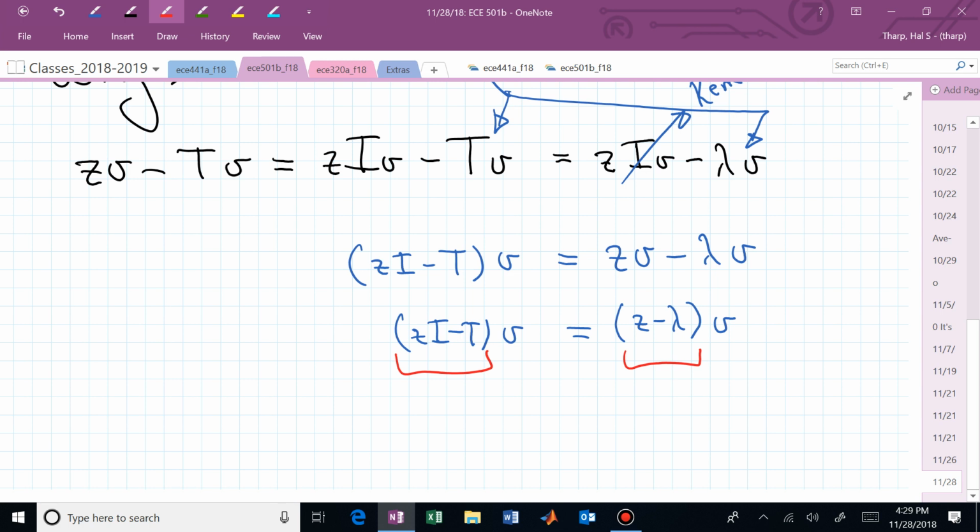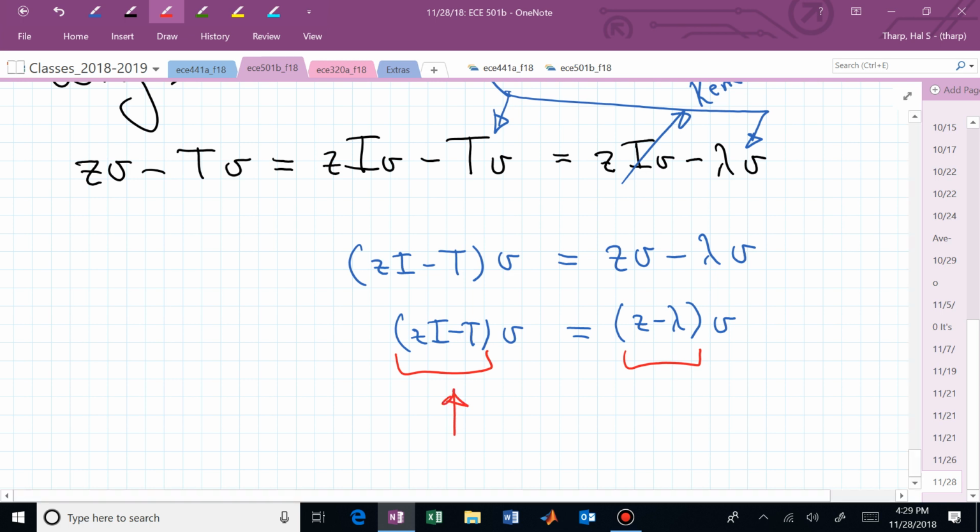I have an operator, which is now a scalar times I minus T, and it operates on a vector, but it just scales along that same direction by a scalar, where that scalar is z minus lambda.